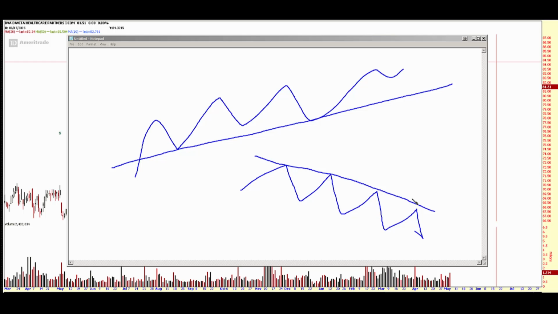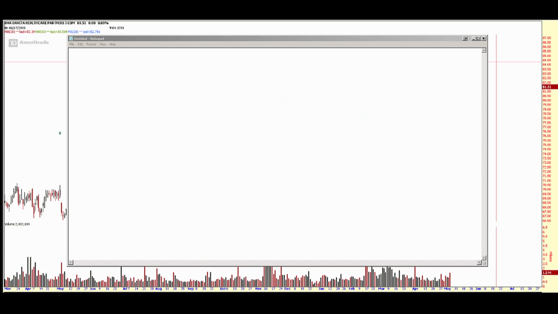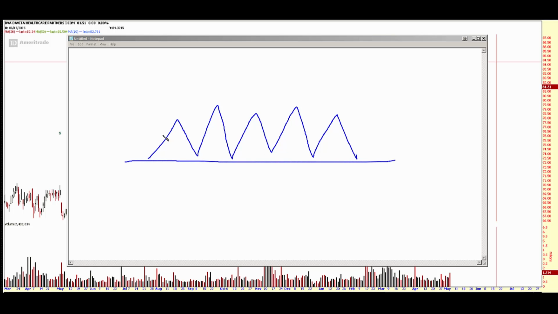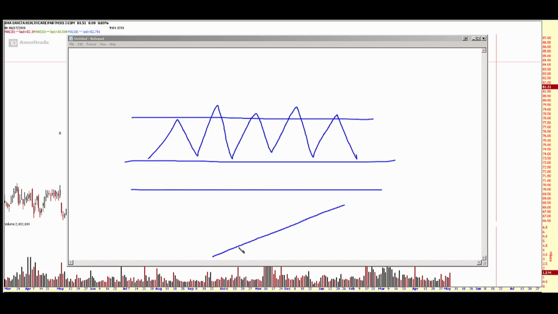The most simplistic one is the support and resistance lines. That means the stock is maybe moving this way, so you draw the support and the resistance this way. In essence, the trend line is just an angled support and resistance line, because instead of being horizontal, it's slanted at a certain degree.